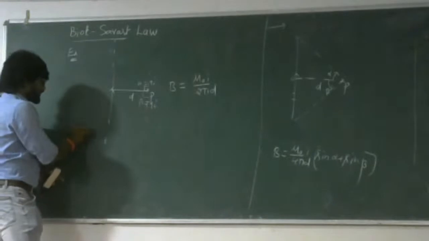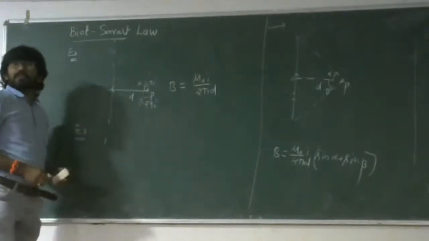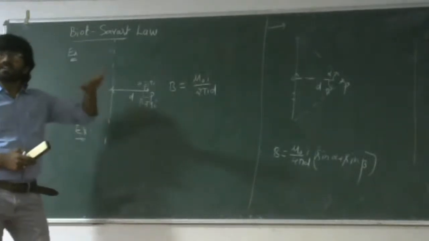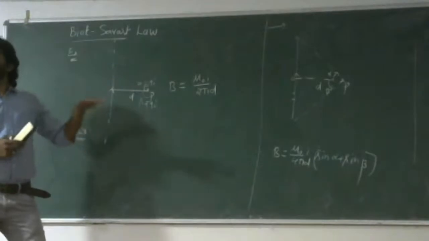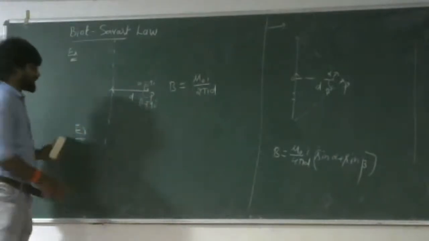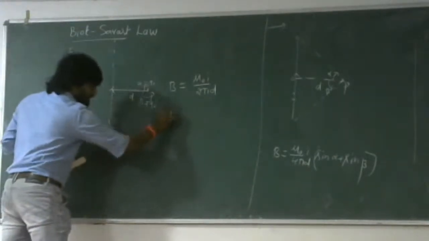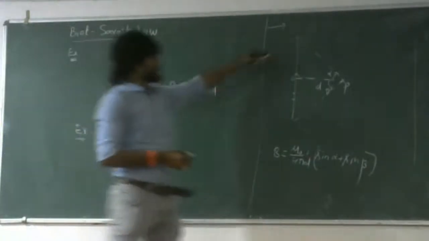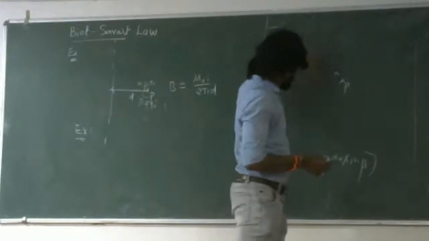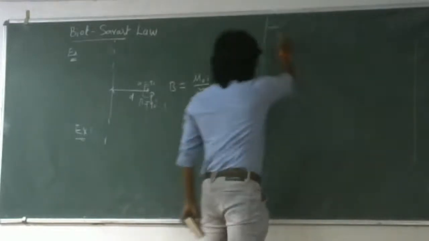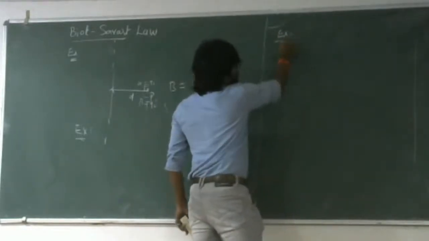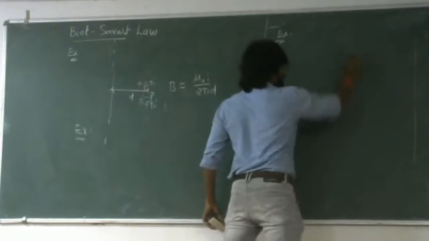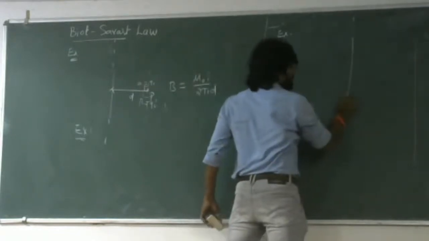Whereas the other one, the semi-infinite conductor, or the magnetic field near one end of a current carrying conductor, is given by the following. Let me redraw it once again here. This general formula you have to remember. Semi-infinite conductor: if this is a conductor, it is going to infinity, and this end is near you.